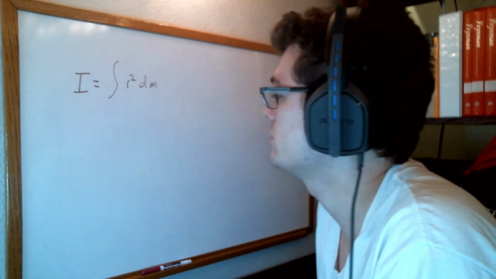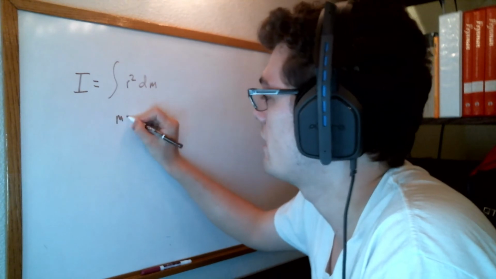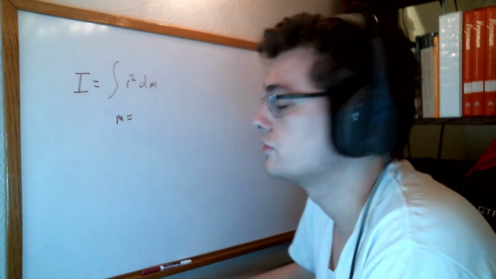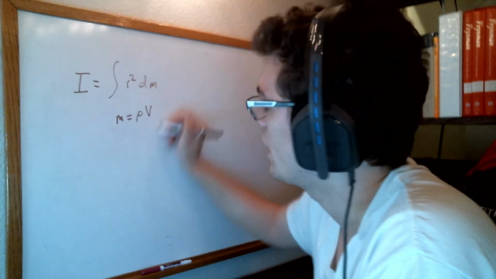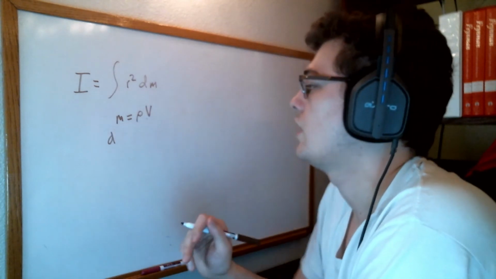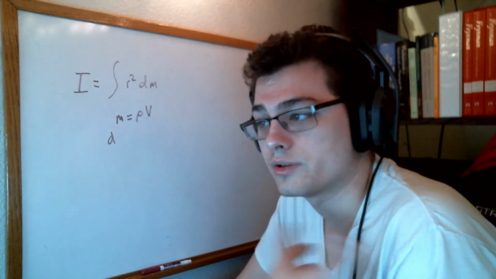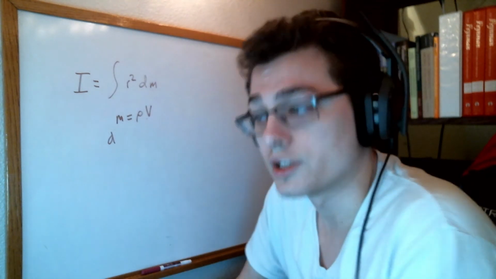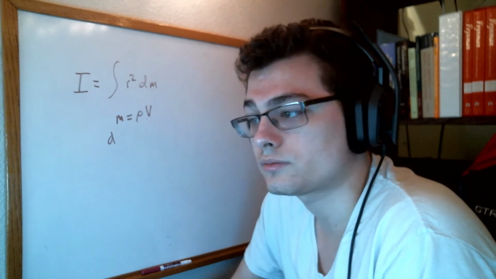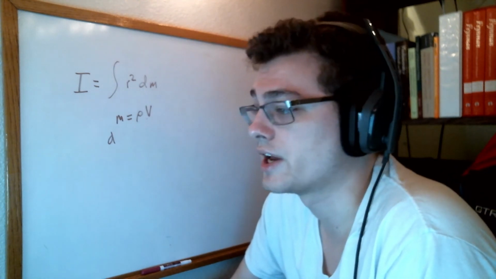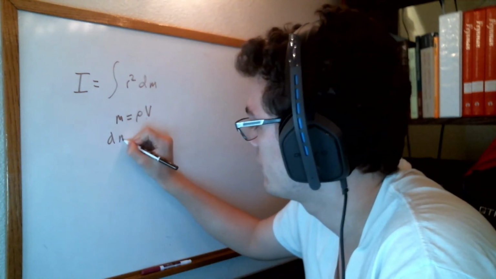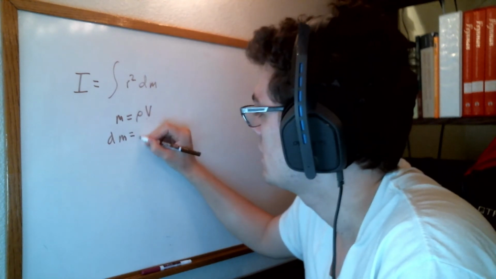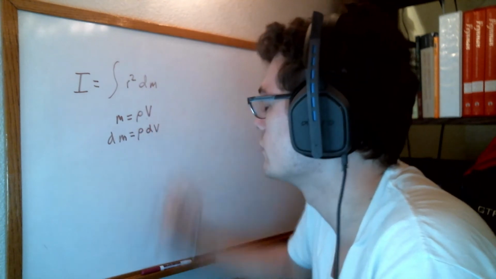And so one thing that we can do with dm is we see that m is going to be equal to rho times the volume, right? And then when we take the derivative, the density of a continuous object is usually going to be constant. So one assumption that we're making here is that the density is constant. So when we take the derivative dm of the mass, the change in the mass, it becomes with respect to the change in volume here.